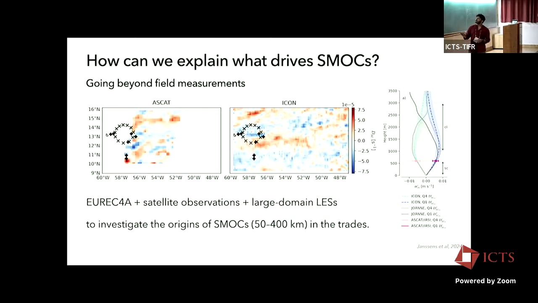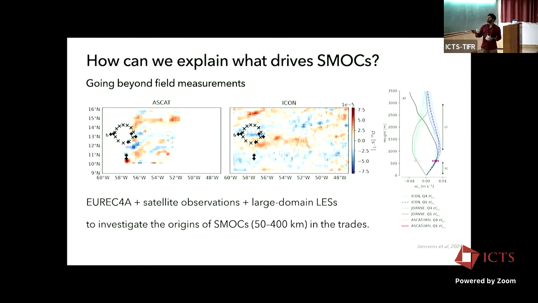This is work by Martin Janssens, and what he does is compare these circulation features in the ASCAT measurement, which is a satellite that gives surface wind. If you have surface wind in a spatial domain, you can get the divergence at the surface, which is a good proxy for the cloud-base vertical velocity.